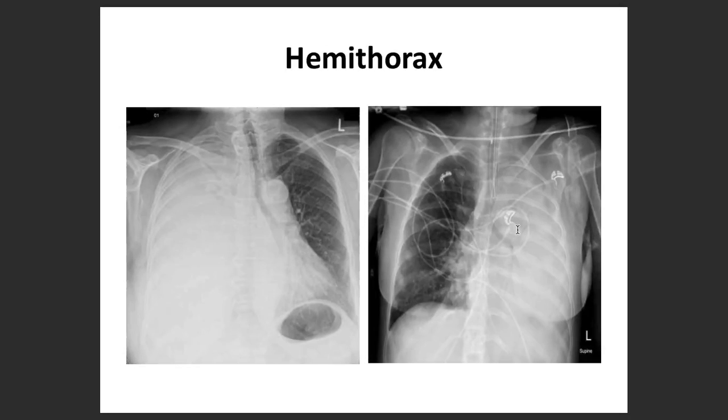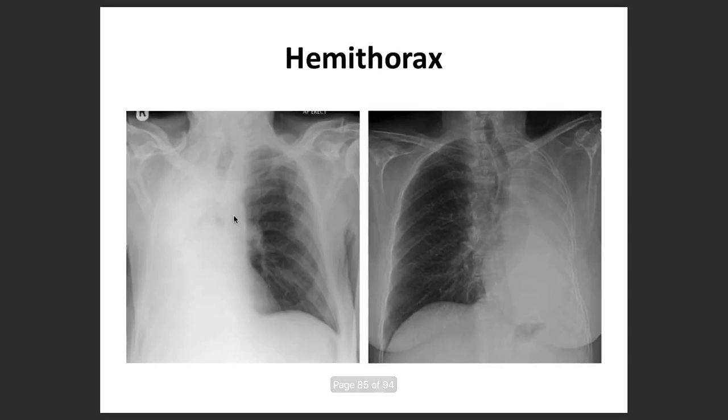There are three different things which you can see. The mediastinum can be pushed away from the opacification. This is the opacification, right? The second is that it can be pulled towards the opacification.